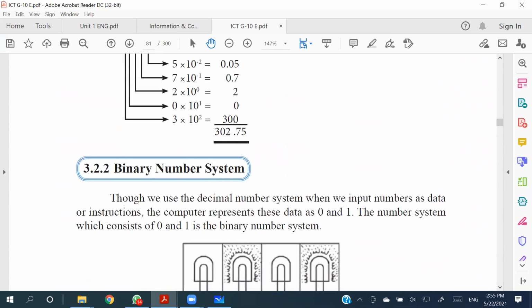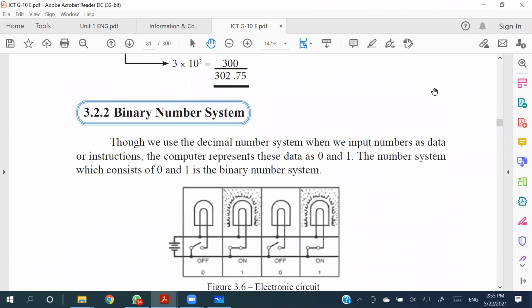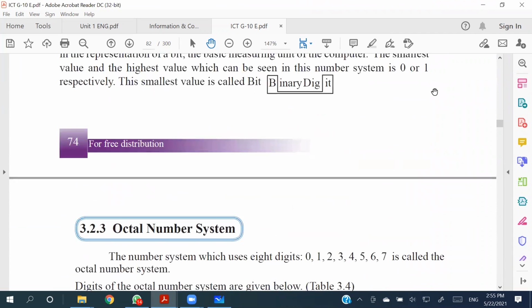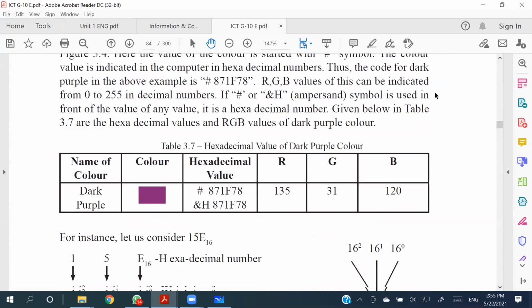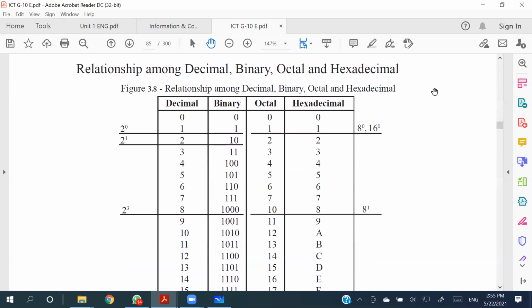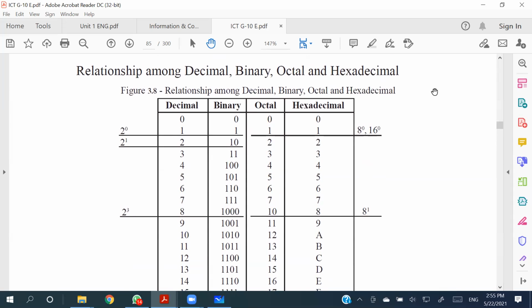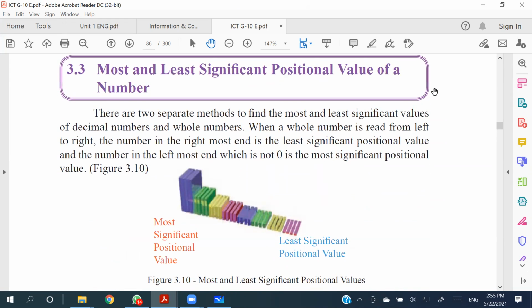Okay, we don't really need to go through this. We know what the binaries, the octals, and the hexadecimals are, right? So now we are on to the most and least significant positional value of a number.